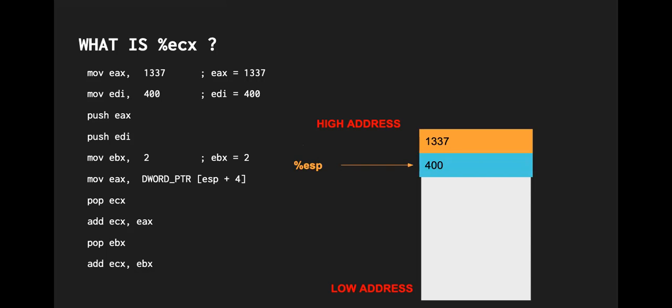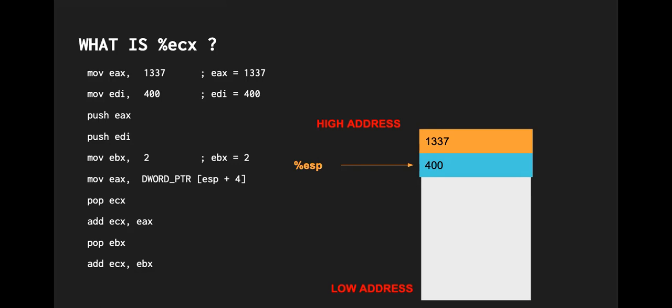What does the next instruction do? What does the dword pointer directive do? Yes. So, get the values for. Right.